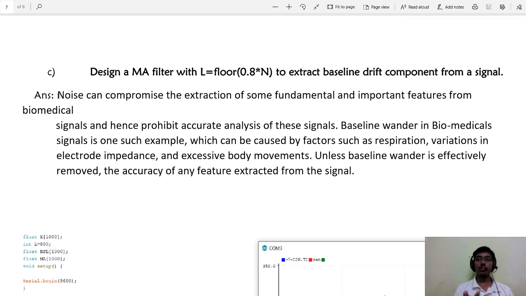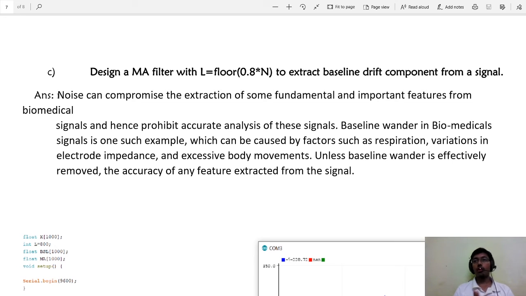Generally, for our constraints, the signal which we have obtained is said to have 3 components: the original PPG signal, baseline wander noise, and the high frequency noise.